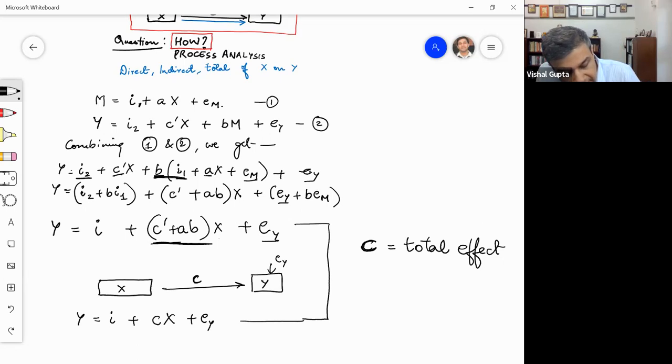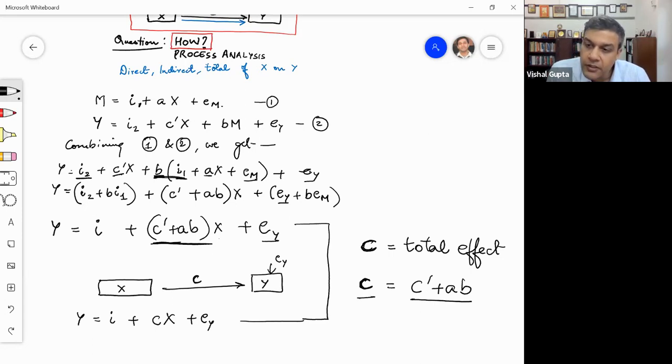So we can say that C is equal to C dash plus AB, because both are representing the coefficient of X on Y. And this is the fundamental equation that is written to understand how the effects get broken down when you bring mediators into your model.